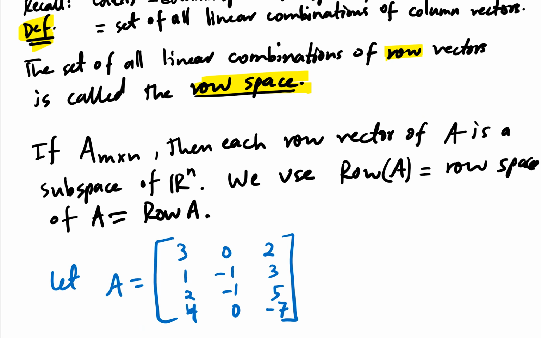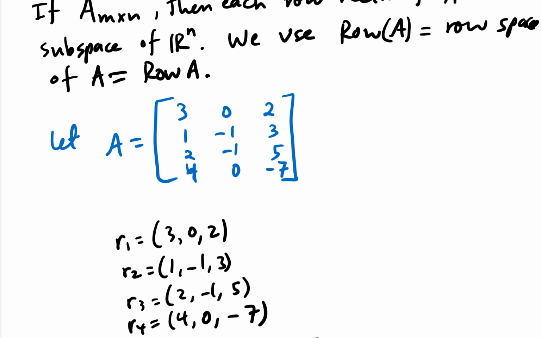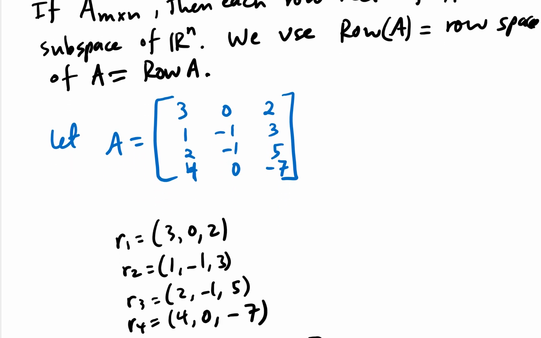We're going to look at this example. So what are we going to do with this matrix? These are the rows, so we write them this way, the rows for the matrix A. The book uses this notation.